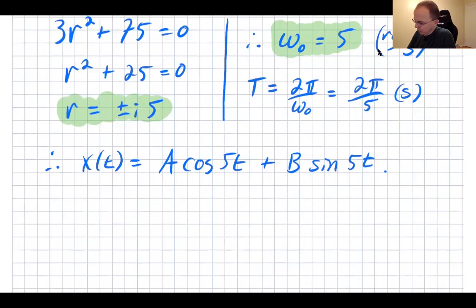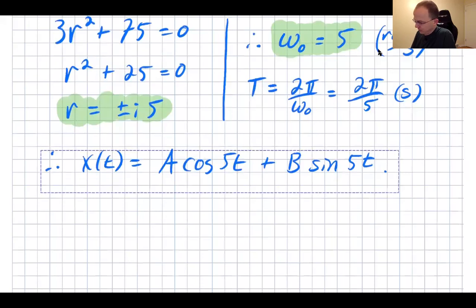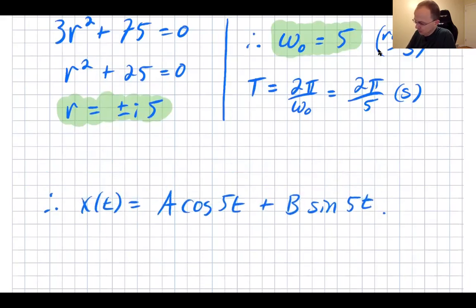And we also know the frequency is going to be 1 over the period, so 5 divided by 2 pi, and that'll be in hertz.